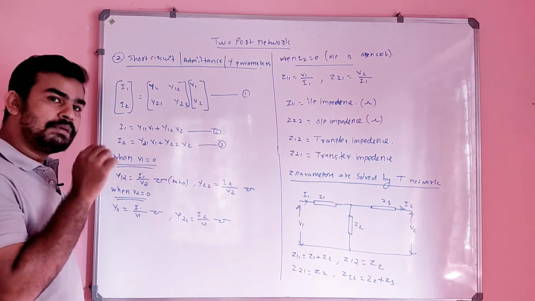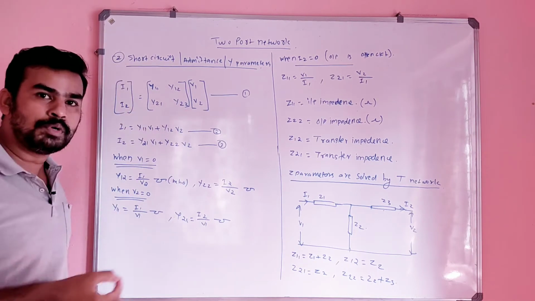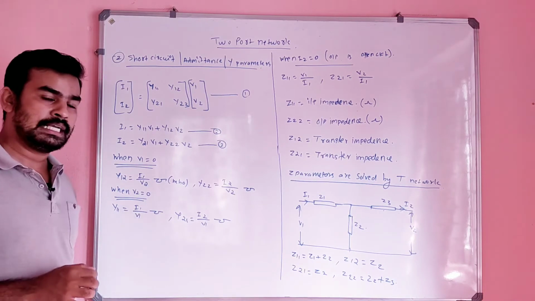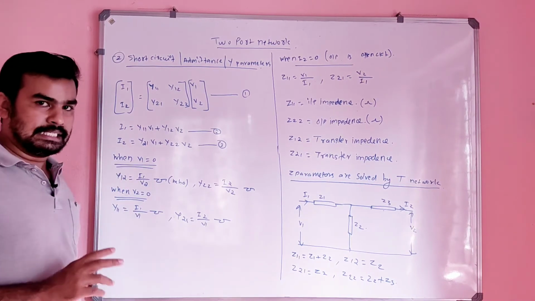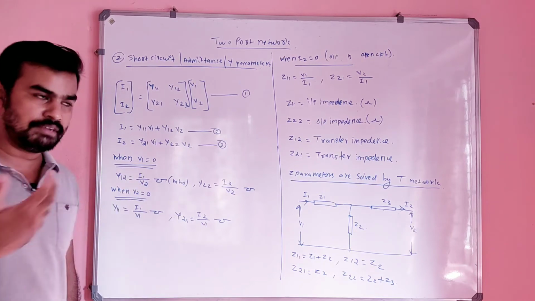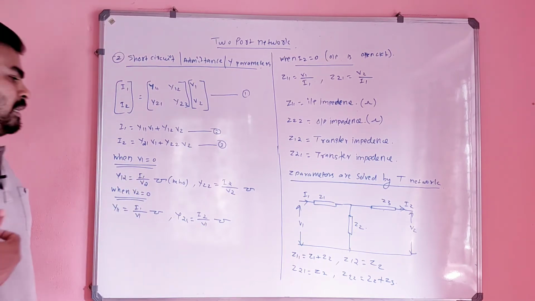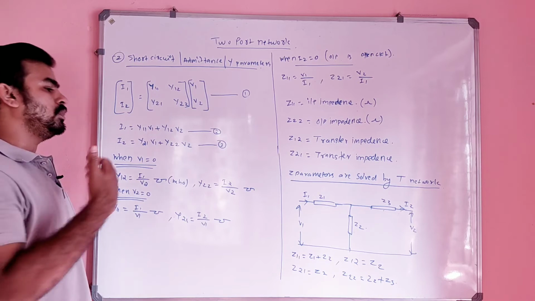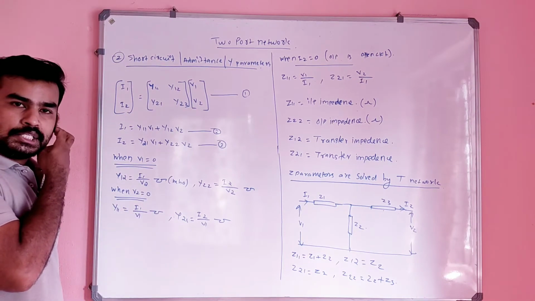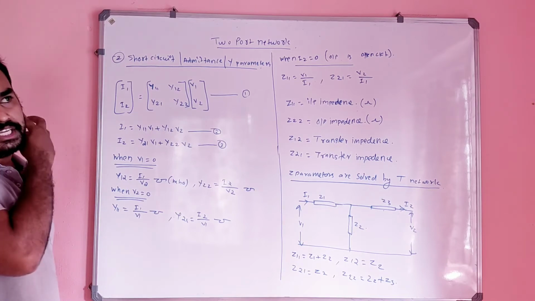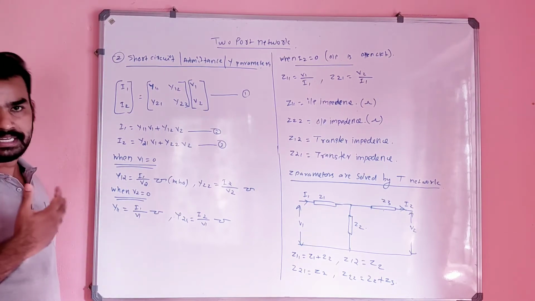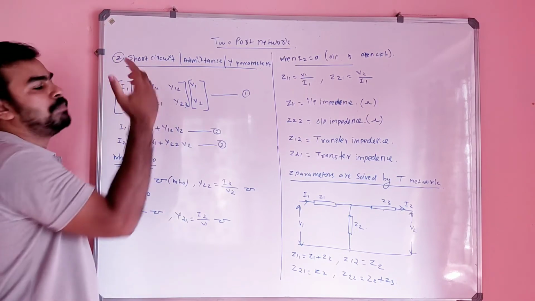And V2 equal to 0 means making the output terminal short circuited. So in both of the cases, in order to get the parameters Y11, Y12, Y21, Y22, we are short circuiting the terminals. That's why it is called the short circuit parameter.